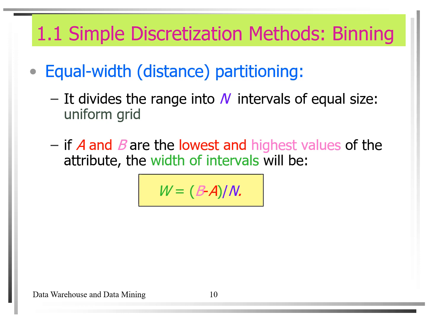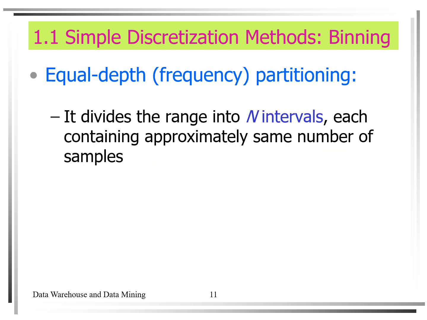But how do we calculate these intervals? If A and B are the lowest and highest values of the attribute, which are the values that we're trying to divide into bins, then the width of the interval will be (B minus A) divided by N, which is the number of intervals that we want to create. Equal depth partitioning means that we will be dividing the data into bins that contain the same number of values.